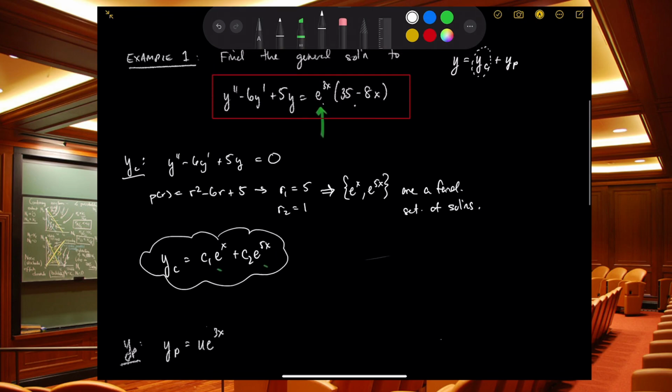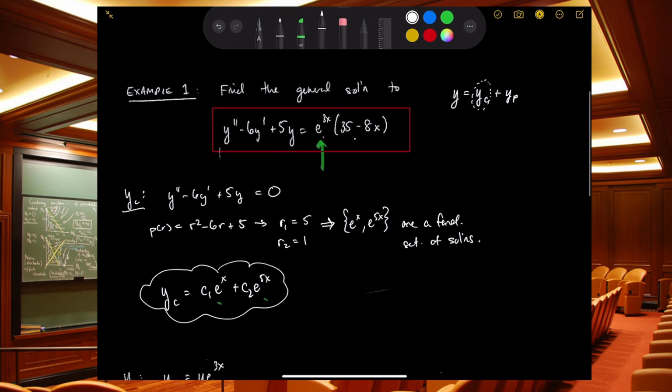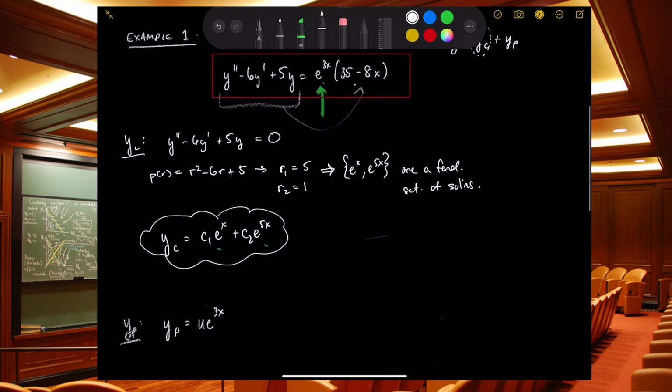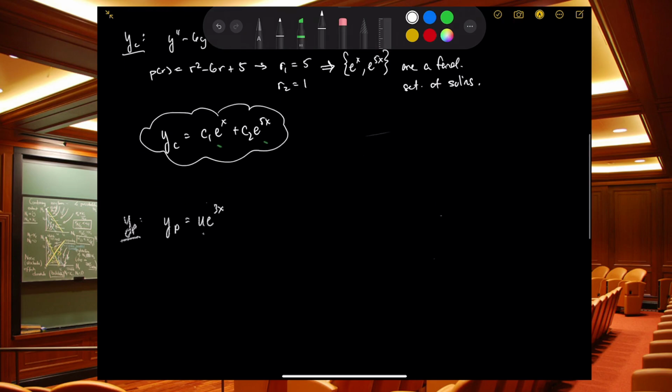And in the back of our heads, we're imagining u's probably got to be a polynomial of some kind to go through differentiation and addition and then end up as a linear function. So we'll go hunting for u.